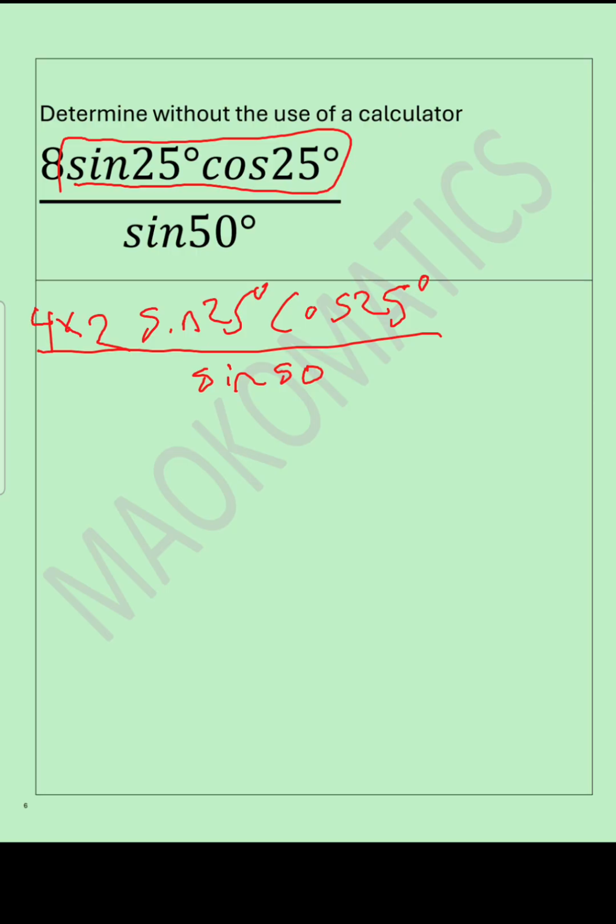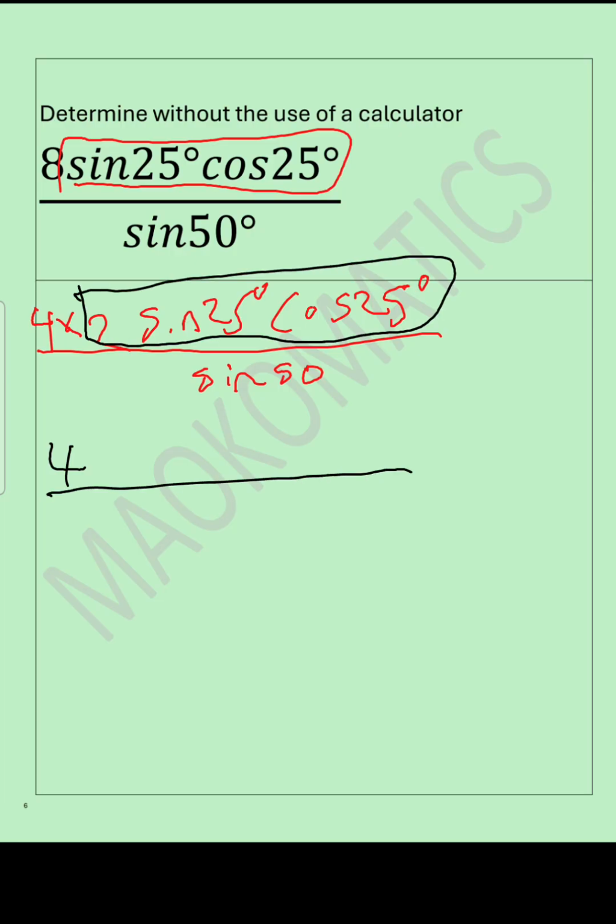Right, therefore I know that this part here is the double angle identity of sine. So we still have 4. Then this part changes to the double angle identity of sine, which is sine 2 times 25, all over sine 50.